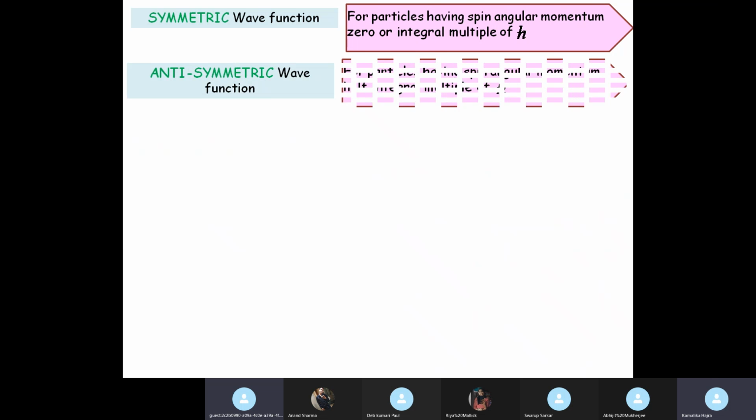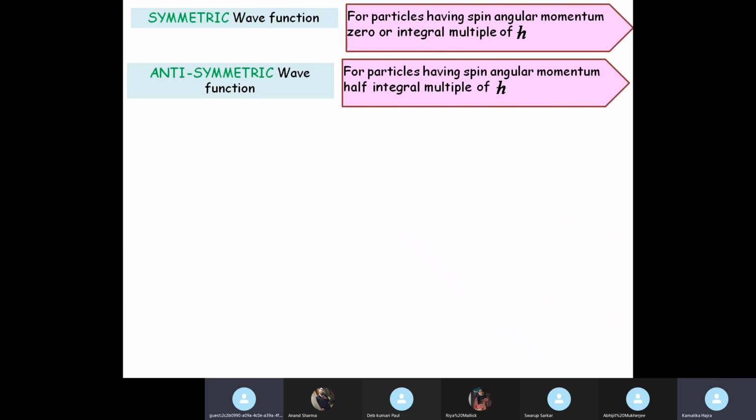On the other hand, an antisymmetric wave function is for particles which have spin angular momentum as a half integral multiple of h cut. So 0 or n h cut, where n is an integer, if that is the spin angular momentum, then the system is symmetric. If the spin angular momentum is a half integral multiple, then the system has an antisymmetric wave function.